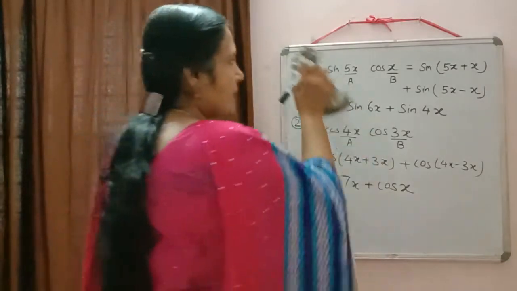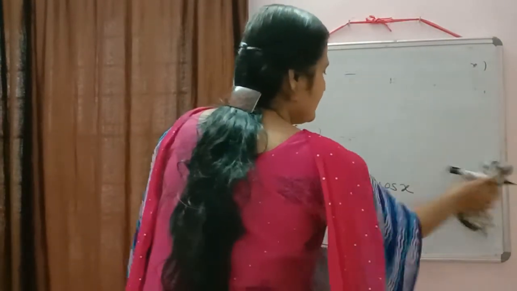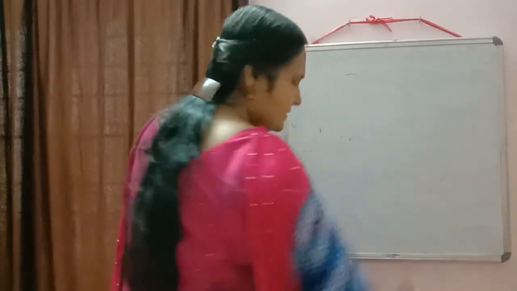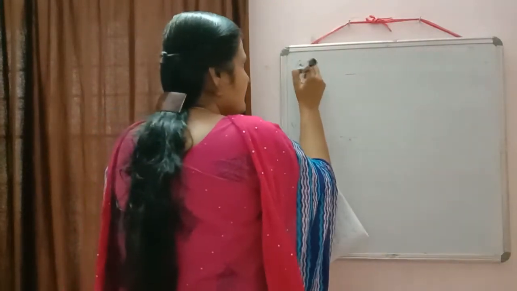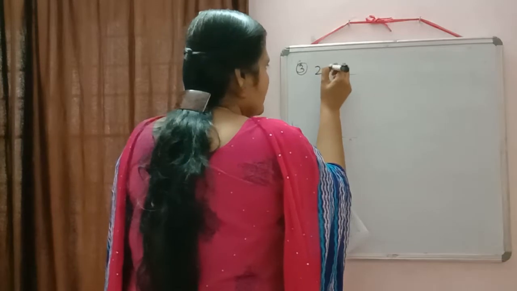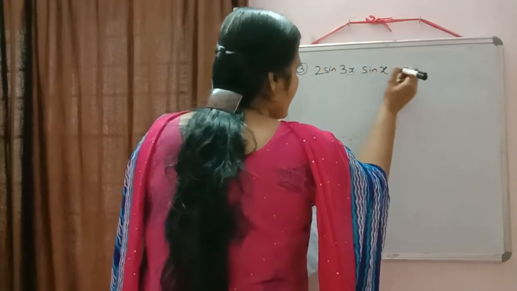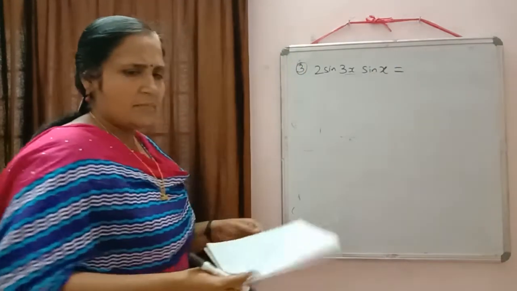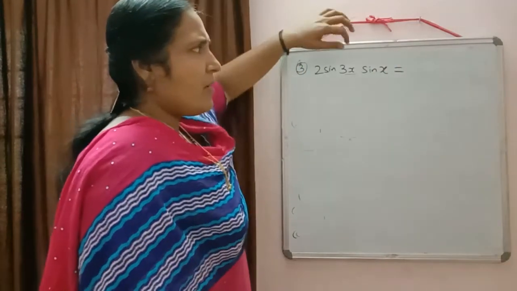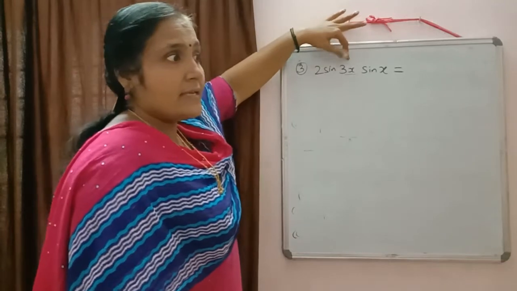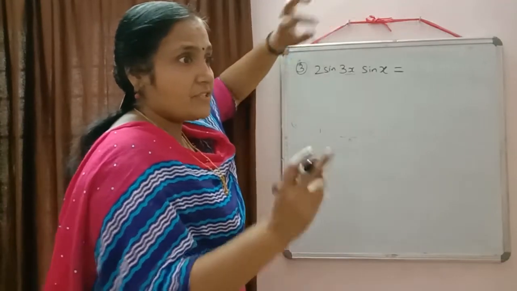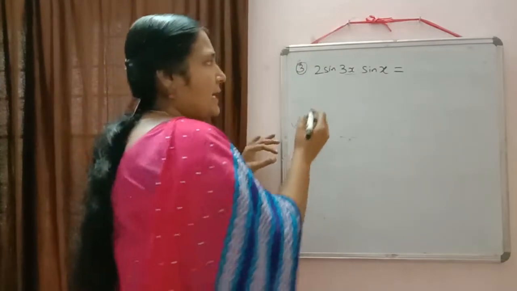Third question is 2 sin 3x into sin x. Again sine is coming in both, so it is coming in the form of cos. In case of difference, we are writing cos(A-B) first.